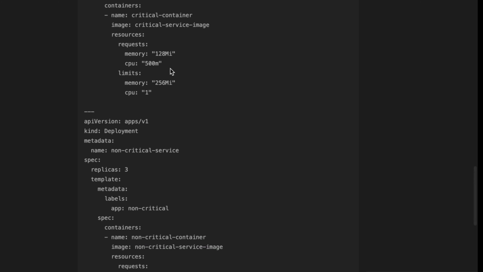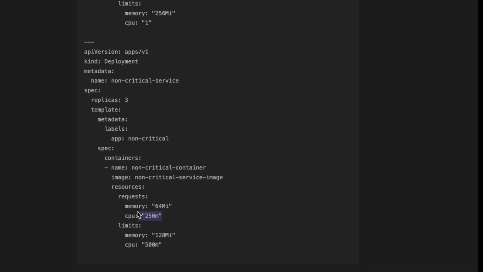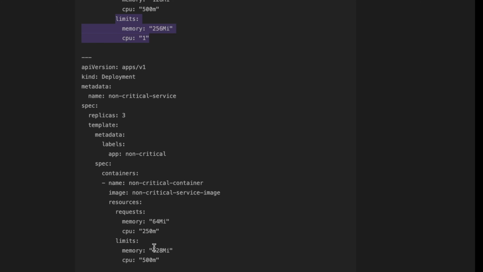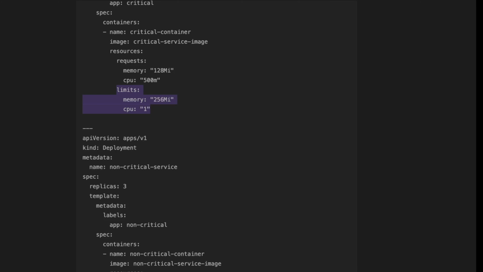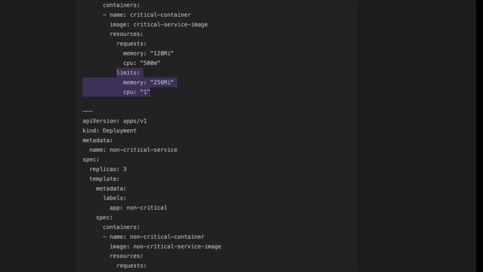In this example, we are allocating more requests to the critical service and less to the non-critical one, and the limit can go as high as 500 milli CPU for the non-critical one, whereas the critical one can go as high as 1 CPU, similar on memory. This setup essentially means the critical service is guaranteed more resources and will perform better, or optimally, while the non-critical service is allowed to use resources flexibly within the defined limits.